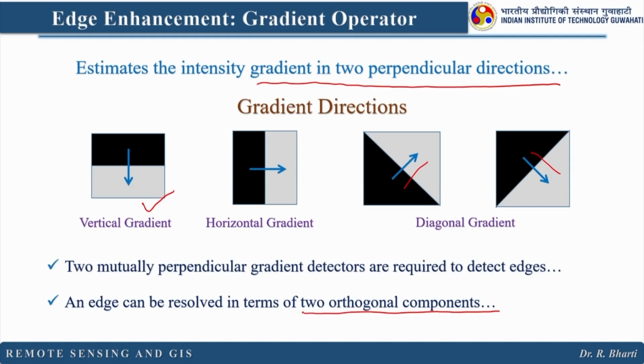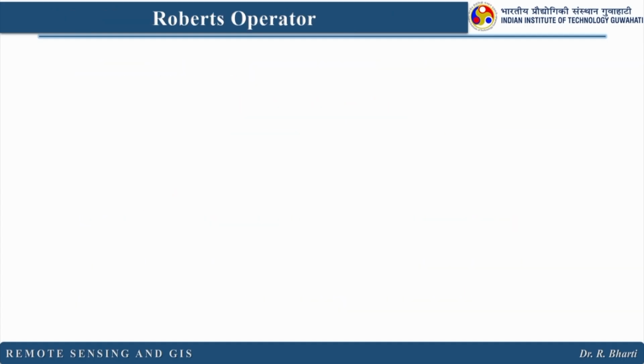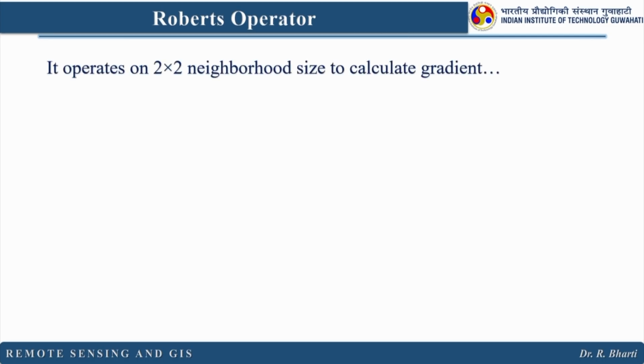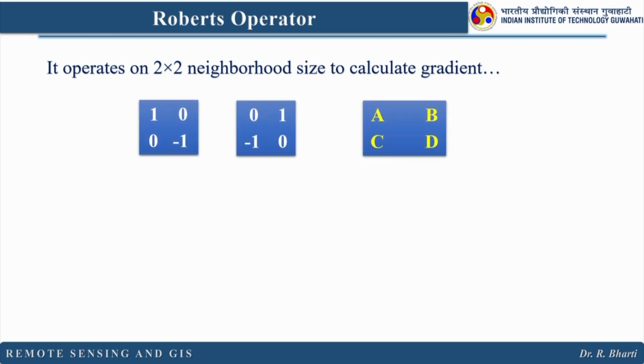Let us see some of the gradient operators, like the Roberts operator. What it does is operate on a 2 by 2 neighborhood size to calculate the gradient. Basically here we want to identify the gradient, so its kernel size is 2 by 2. I guess neighborhood is clear to you because in the last class we covered the complete concept of neighborhood, right?